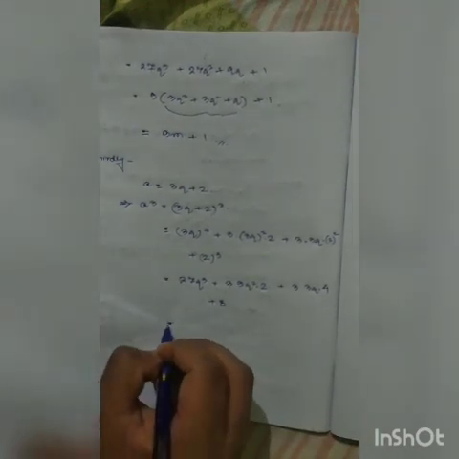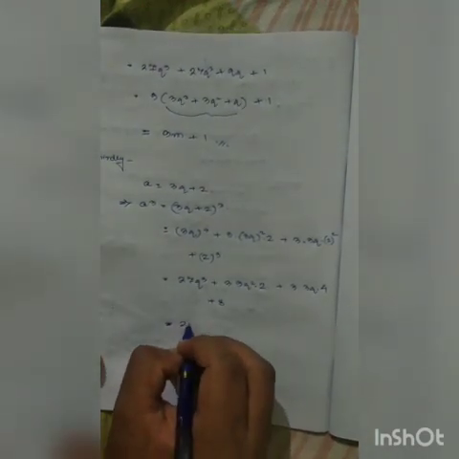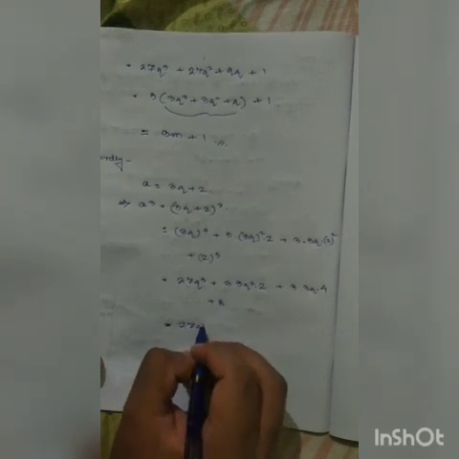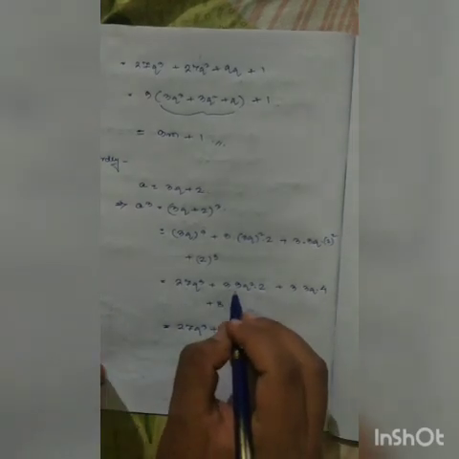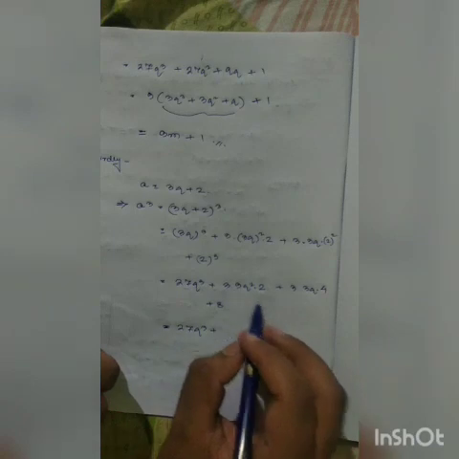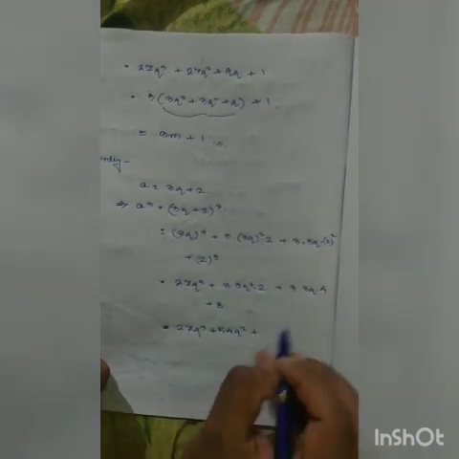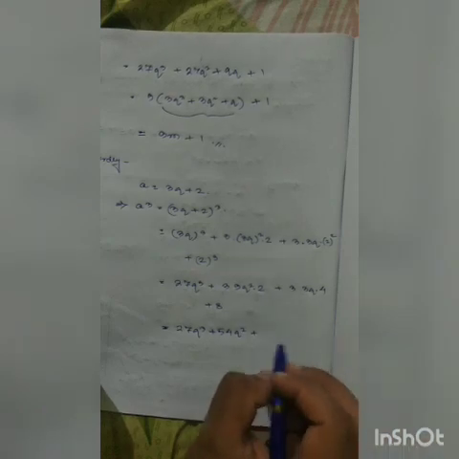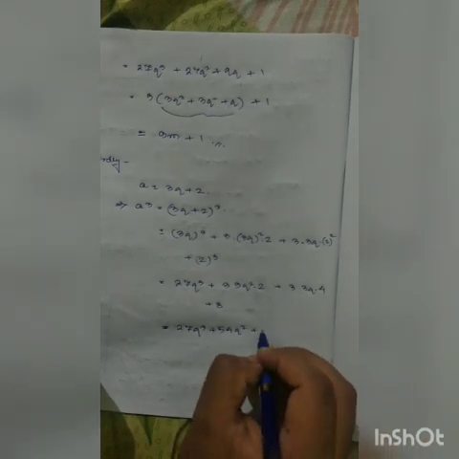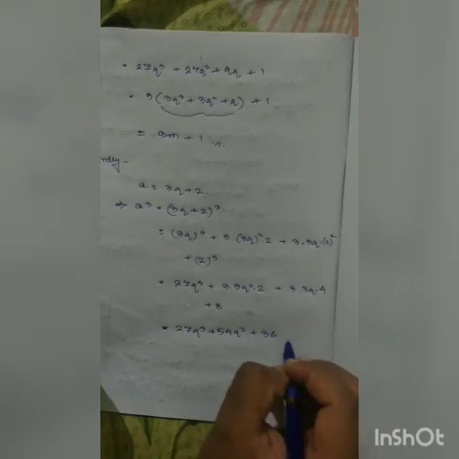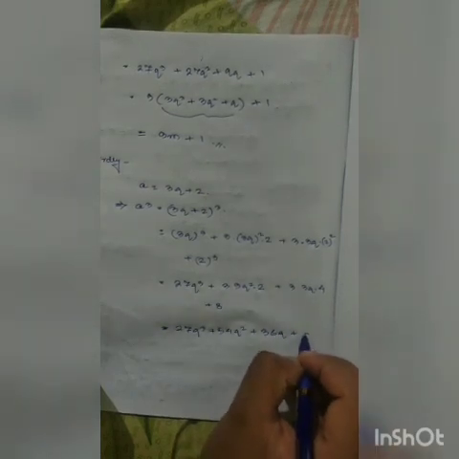So again, when we do the multiplication, we get 27q cube plus 54q square plus 9 into 4 is 36q plus 8.